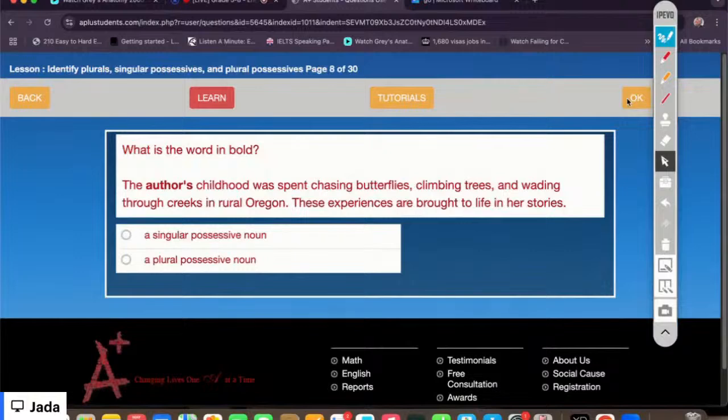So the author's childhood was spent chasing butterflies, climbing trees, and wading through creeks in rural Oregon. These experiences are brought to life in her story. So is it singular or plural possessive?